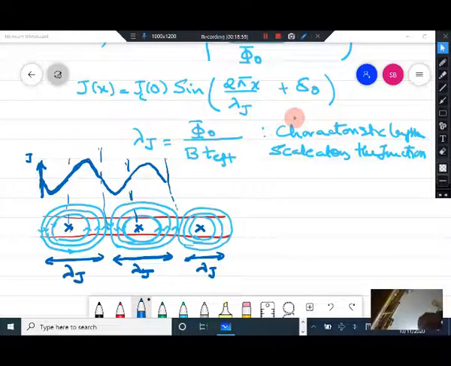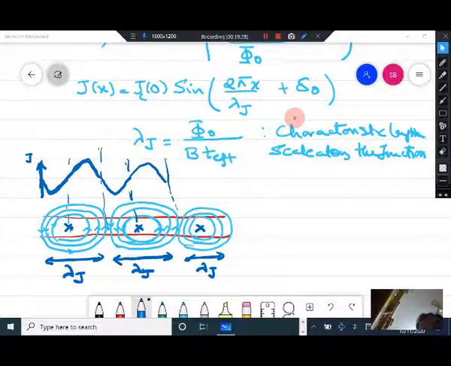Along this Josephson junction where you have applied the magnetic field, the Josephson current has a sinusoidal variation, 2 pi x by lambda j. At x equal to 0 at one end of the junction, the current is 0, and then it increases, at about x equal to lambda by 4 it becomes maximum, and then it becomes 0 at x equal to lambda by 2, then again becomes maximum, and at x equal to lambda it again becomes 0.